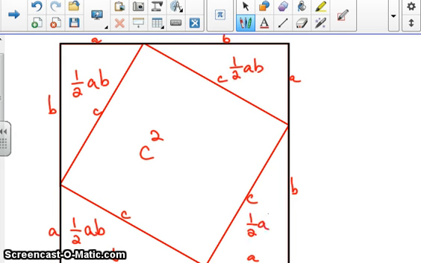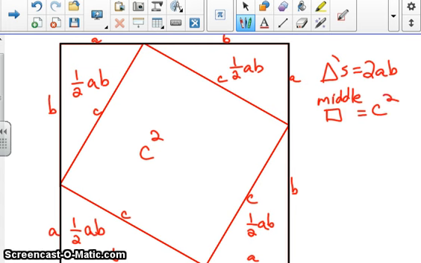So the triangles are 2AB. The square in the middle is C squared. Now I also have a great big square around the outside, and that great big square around the outside has a length of A plus B.